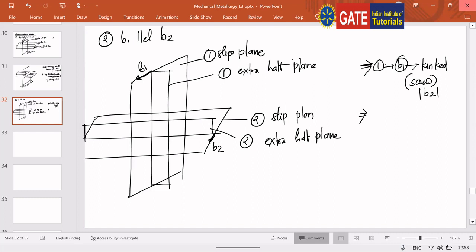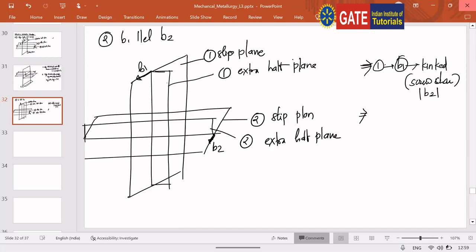I'll repeat the statement. Edge dislocation 1 with a Burgers vector B1 gets kinked, and it is of screw characteristic, and the magnitude of this kink will be equal to B2, the magnitude of Burgers vector 2.